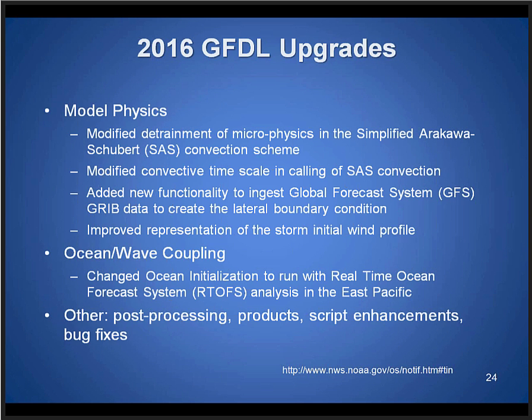So some of the upgrades that were made for this year were to upgrade some of the model physics, both the microphysics and the convection parameterizations, which were changed a bit, and also folks at GFDL tried to better represent the initial wind profile, that is both in the vertical as well as in the horizontal, of what the swirling circulation looks like. They're also changing the ocean coupling, so it used to use the Princeton ocean model, the POM model, and now they're switching to what's called the real-time ocean forecast system model.